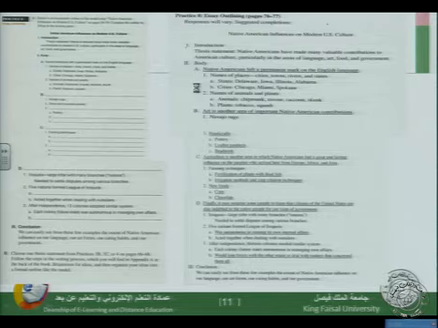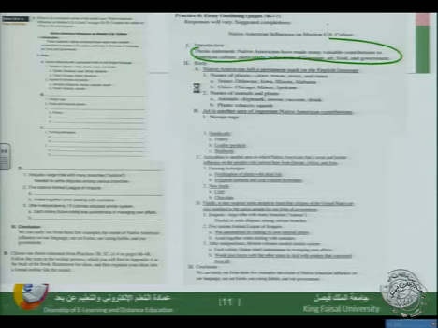Complete the outline by filling in the missing parts. Here is the introduction. Thesis statement: Native Americans have made many valuable contributions to modern U.S. culture, particularly in the areas of language, art, and food. So if you look, this is the thesis statement. Okay? In the body paragraph, you need to mention something about the language.